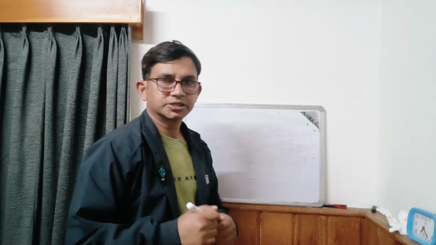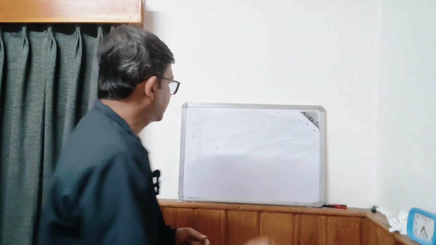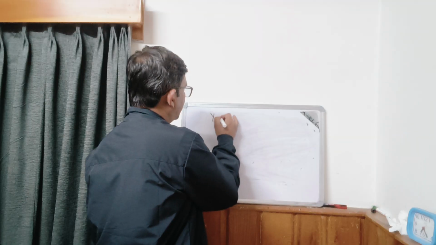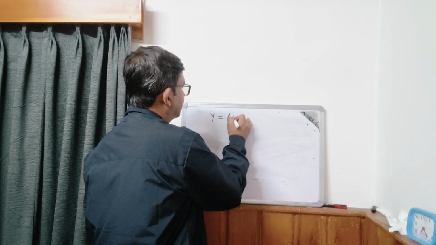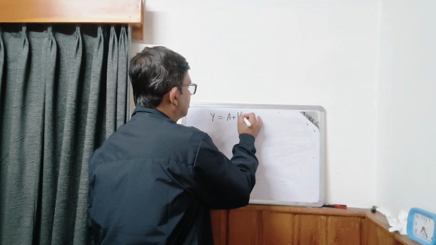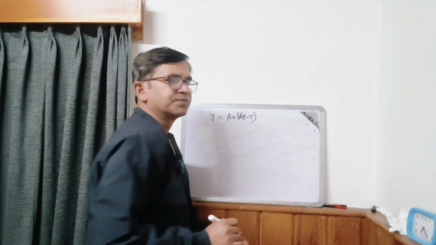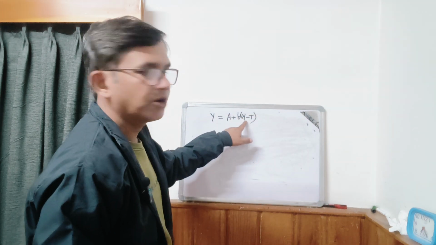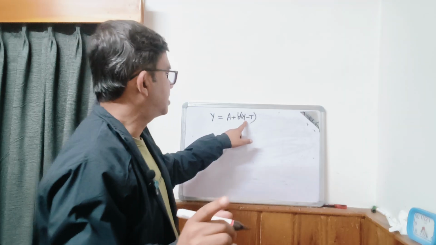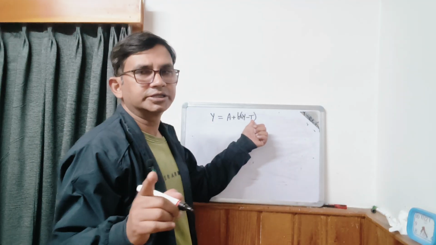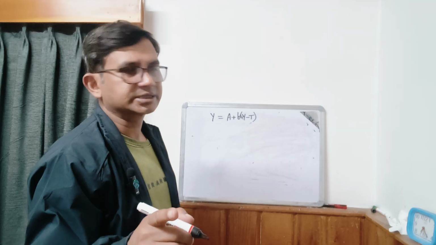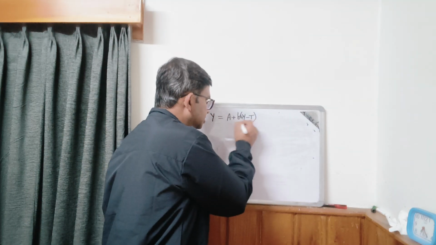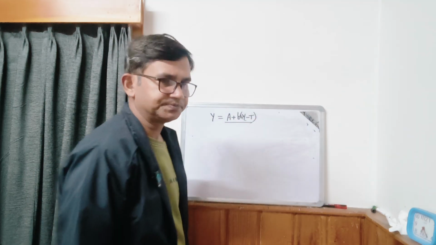So first let's write the commodity market equilibrium condition. Y equals A plus B into (Y minus T). Here Y stands for the aggregate demand or income, and T stands for the tax, so this is the disposable income.